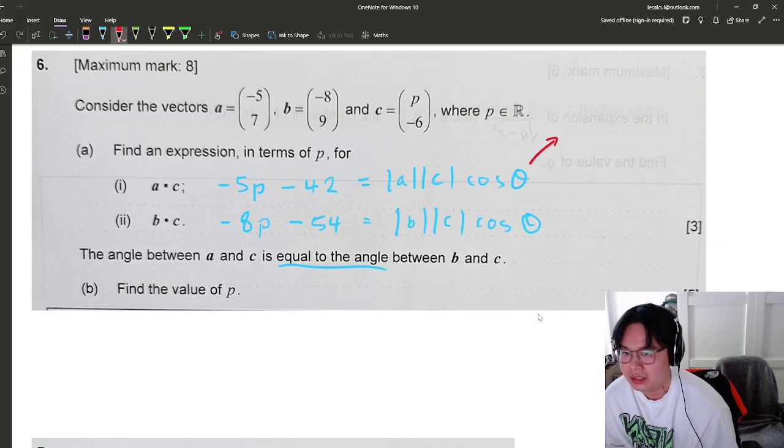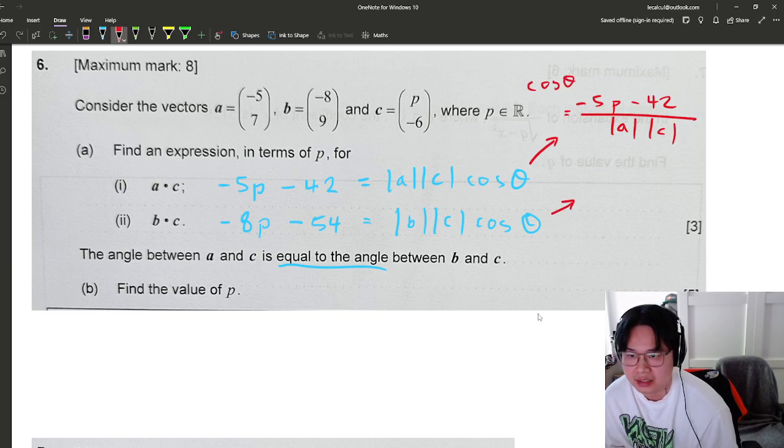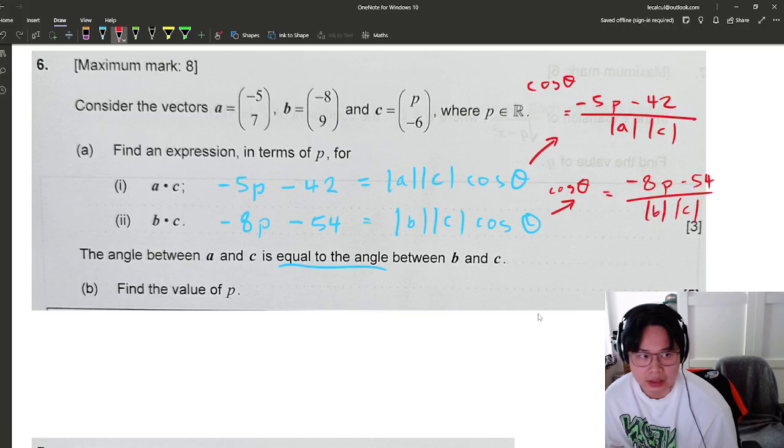This one is minus 5p minus 42 over length of A, length of C. So this is cosine theta. Likewise, cosine theta is equal to negative 8p minus 54 over length of B, length of C.